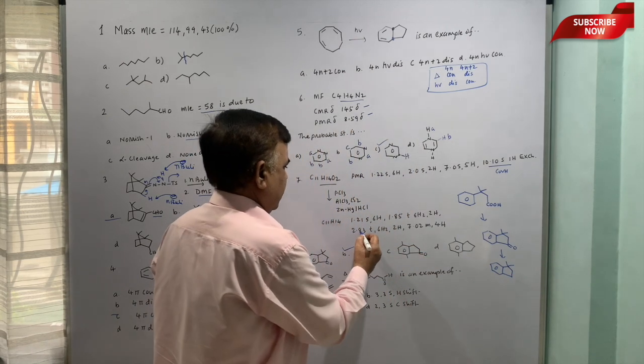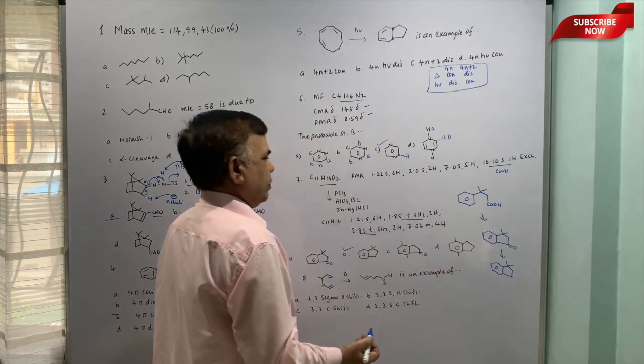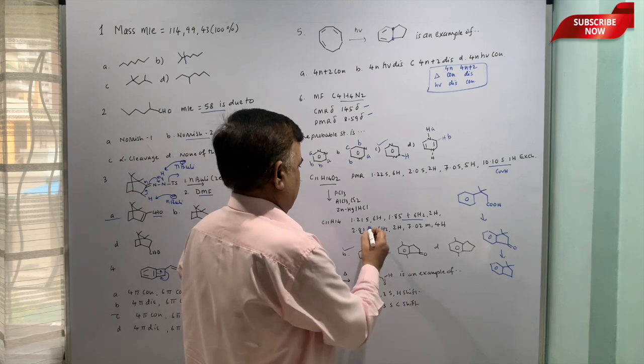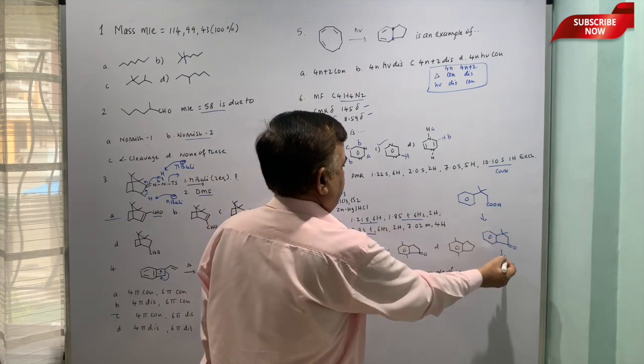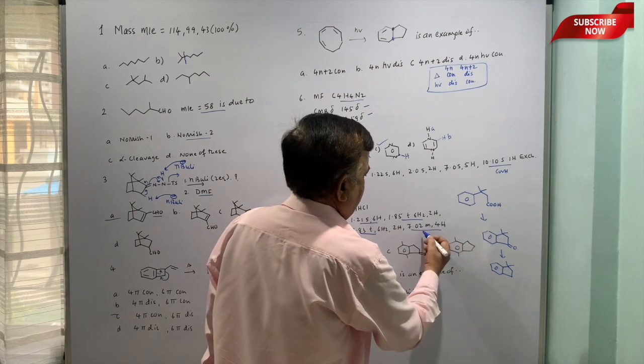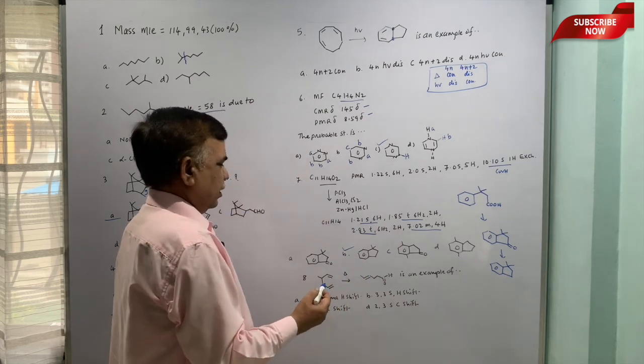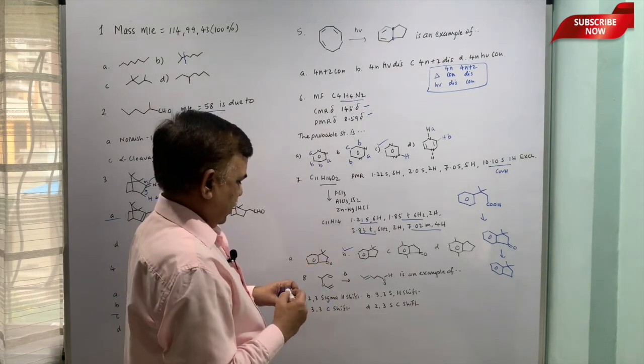So 2 triplets. Now these triplets are because of these methylenes, the 6 protons are because of the gem dimethyls, 7.02 these aromatic protons, 4 protons are there. So that is your second compound.